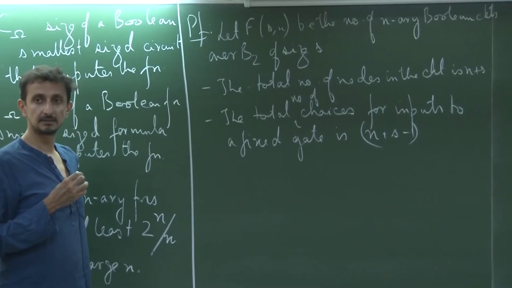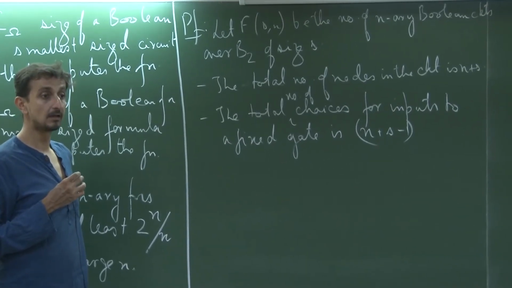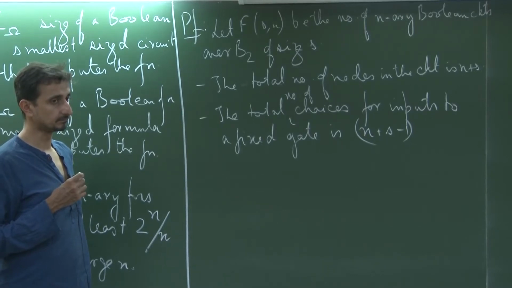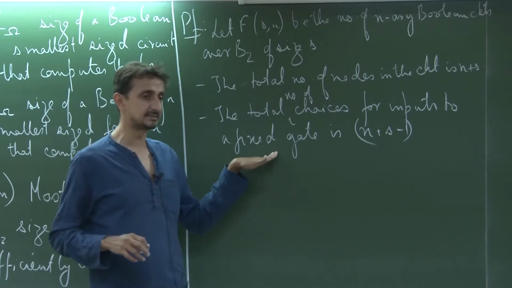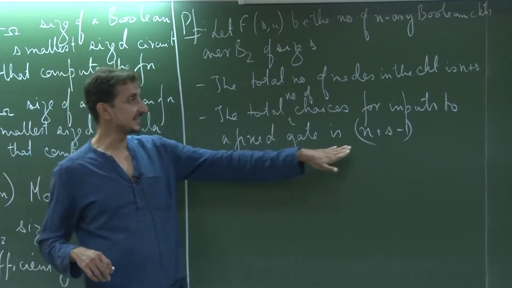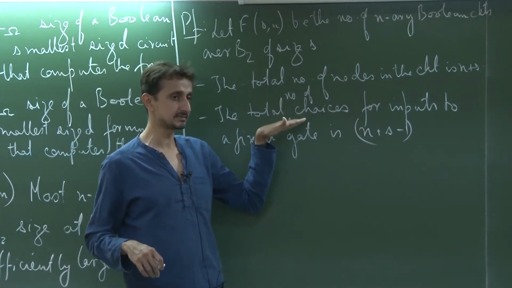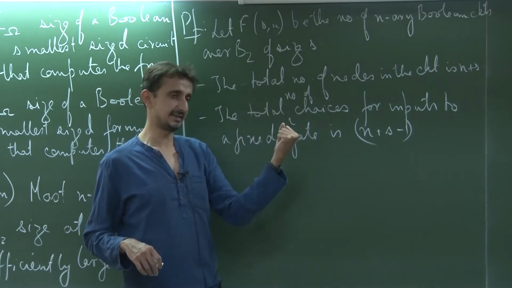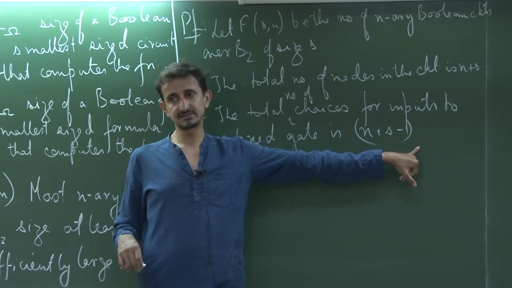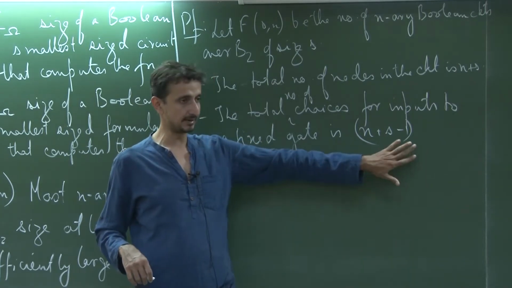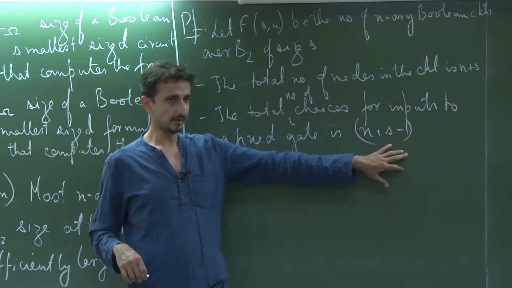Anything else? I am not talking about the input gates, I am talking about the other gates, these s many gates. Each of those s gates can take its input from any of these n plus s minus 1 gates.